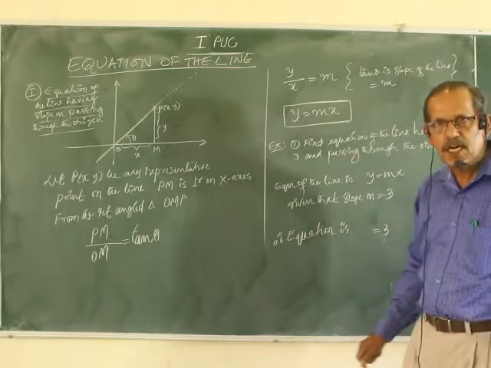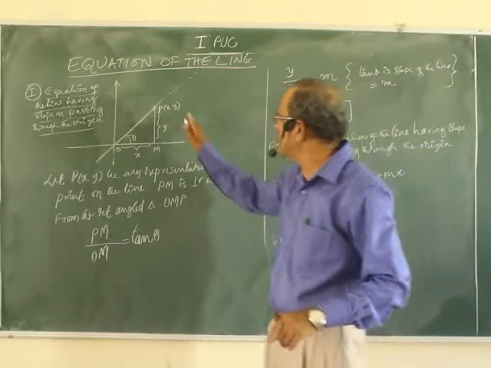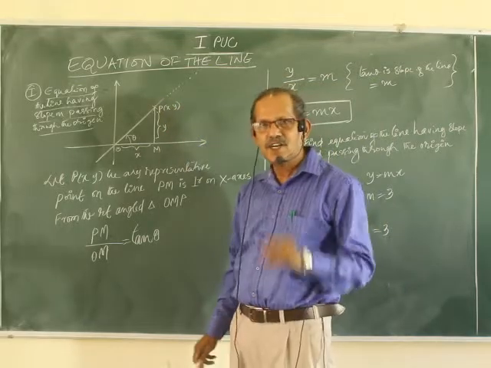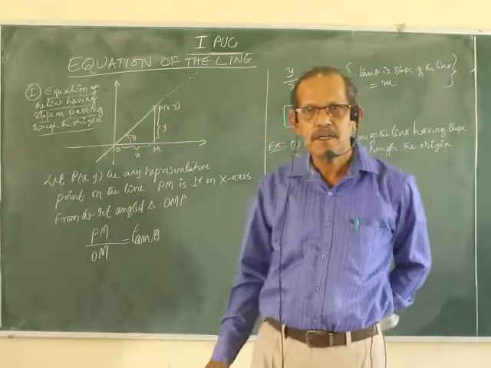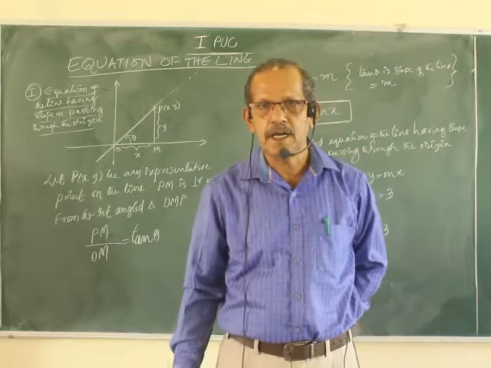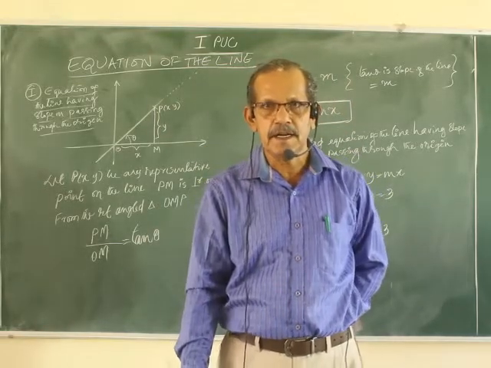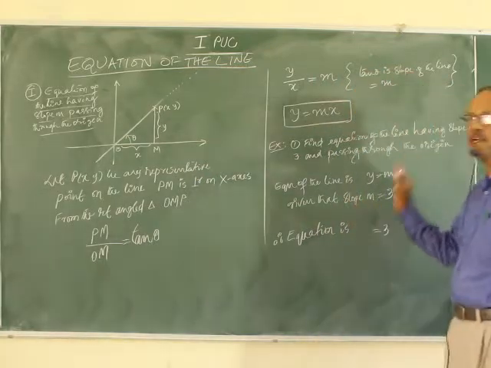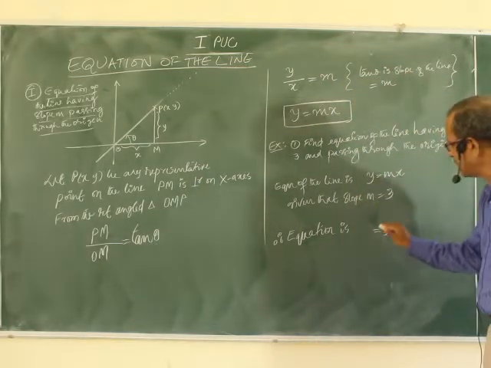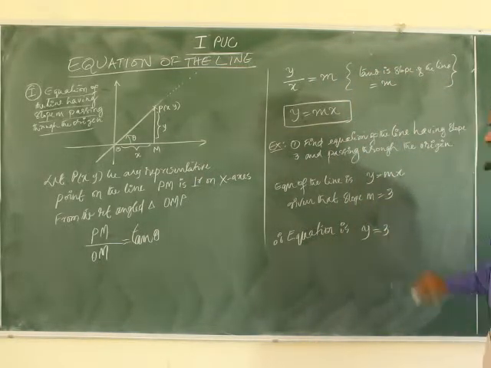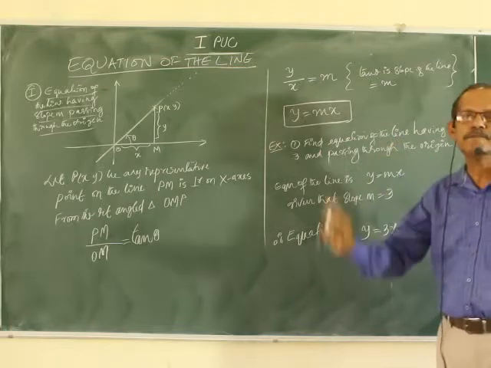Equation means it is the formula satisfied by P(x, y). So x and y should be the same. You must not write anything in their place. If you write the value, then how can you get the equation of the line? Equation means there should be unknown quantity. So write y as it is. Write x also as it is. Only you have to substitute m.